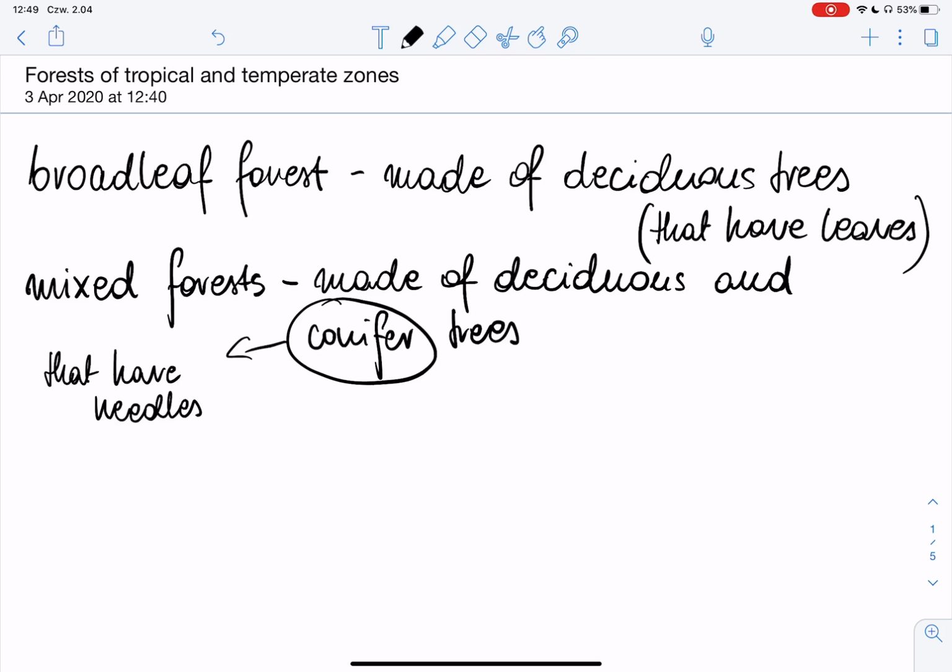And guys, today we are going to start with analyzing what a tropical rainforest looks like.